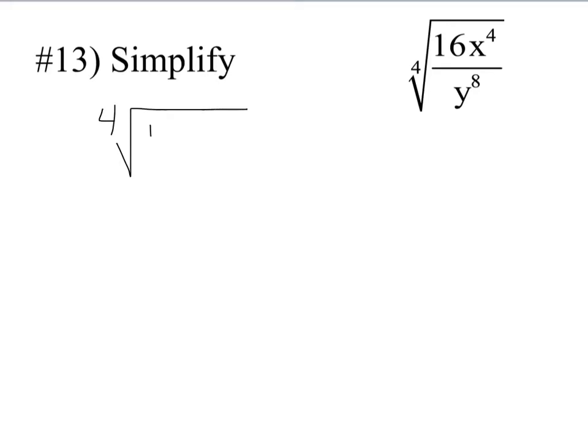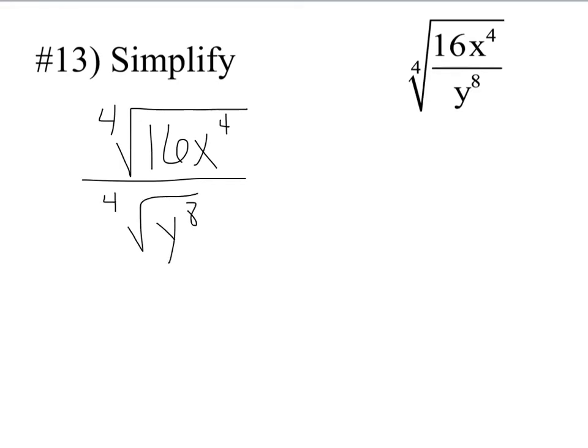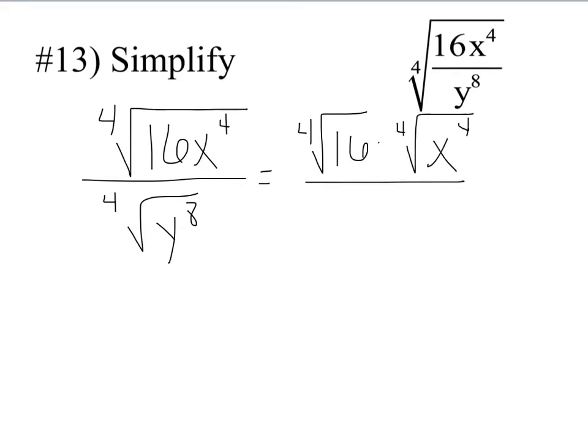Fourth root of 16x to the 4th over the 4th root of y to the 8th. Okay? Now, the 4th root of 16 times the 4th root of x to the 4th over the 4th root of y to the 8th.